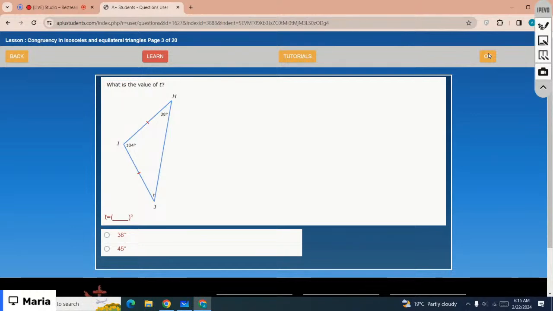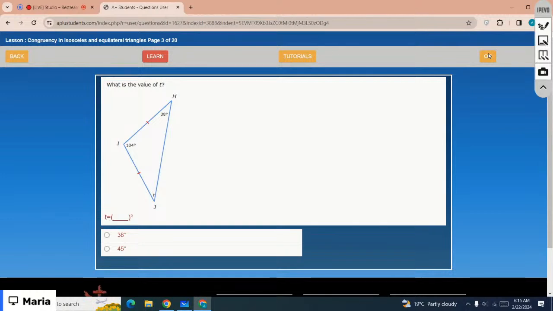Okay, what is the value of T? You are given IH and IJ with the same hatch marks, right? That means IH and IJ are congruent.